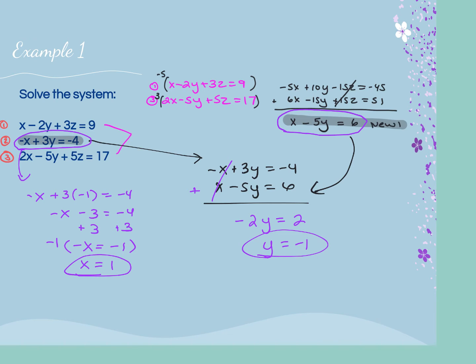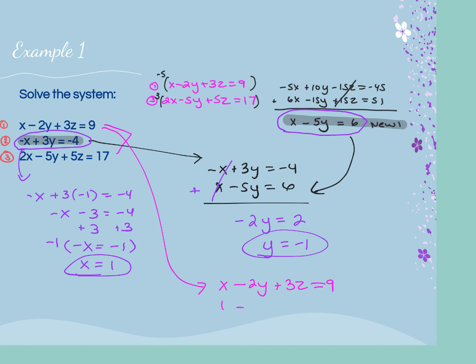Now I've got my second variable. And I have to take these two and plug them back in to one of the originals that has 3 variables. So I'm just going to grab the top one, x minus 2y plus 3z equals 9.